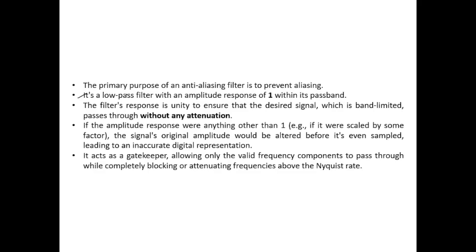It is a low pass filter with an amplitude response of 1 within its passband. The filter's response is unity to ensure that the desired band limited signal passes through without any attenuation. If the amplitude response were anything other than 1, the signal's original amplitude would be altered before it is even sampled, leading to an incorrect digital representation.